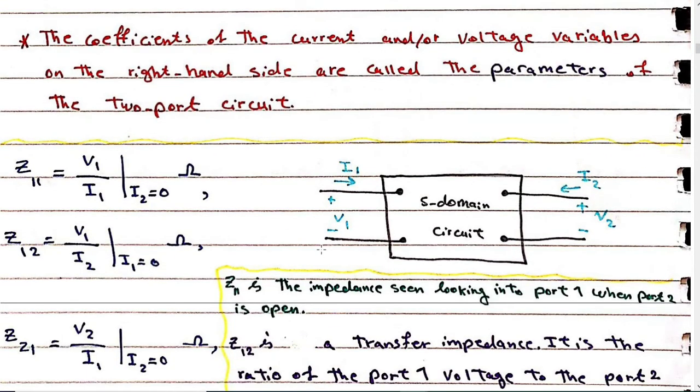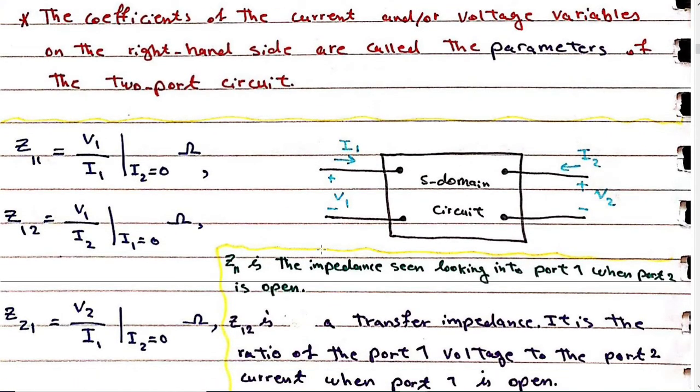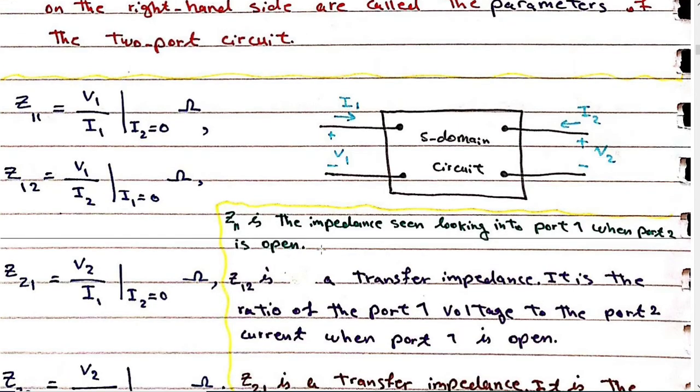For example, what is Z11? We have the circuit in the S domain with two currents and two voltages. Z11 is the ratio of V1 to I1 when I2 is 0. So there is no current over here; we assume there is no current.